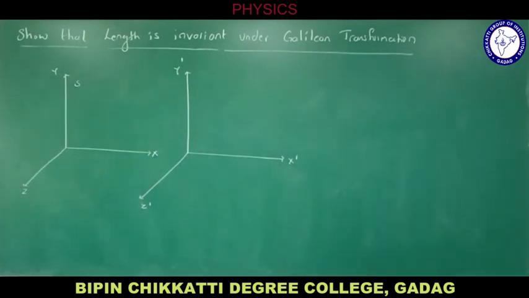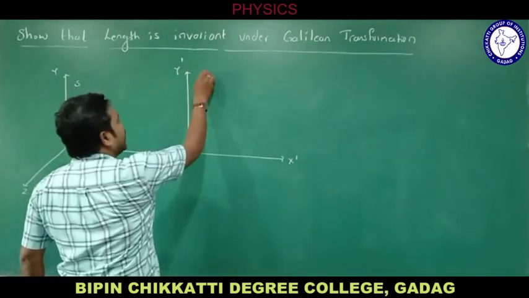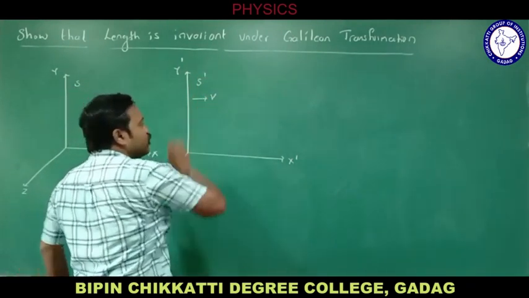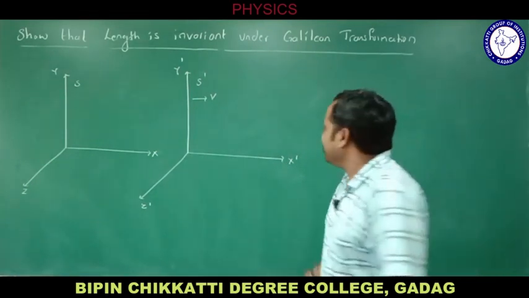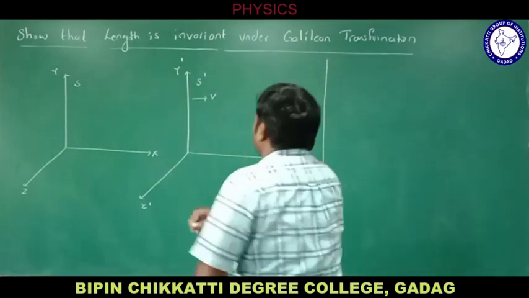Now this frame, let me call it S dash, is moving with uniform velocity v along the positive x axis. Let me write about this.